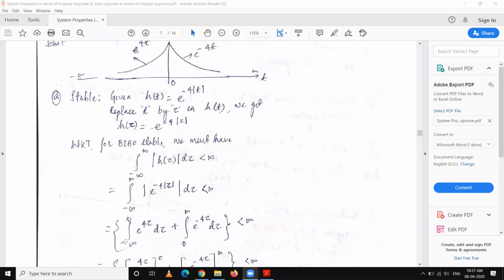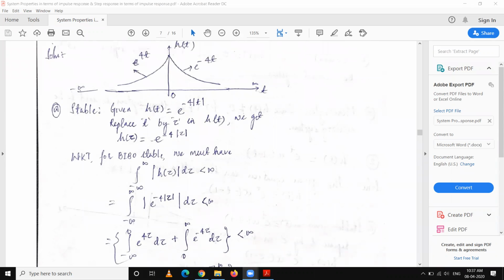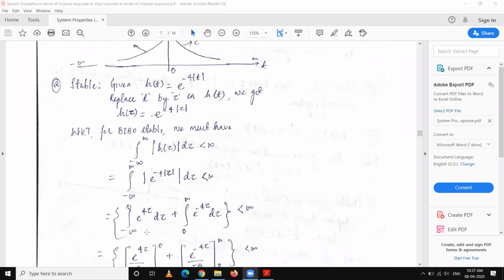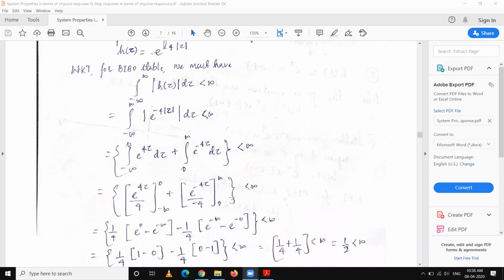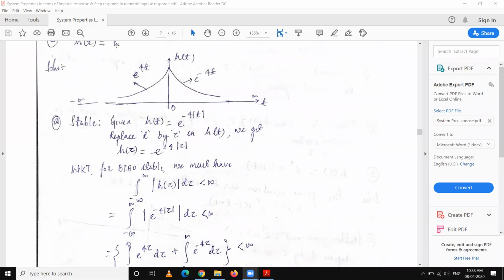So the integral is from minus infinity to 0 of e raised to 4 tau d tau plus from 0 to plus infinity of e raised to minus 4 tau d tau, which should be less than infinity. There are two signals: from minus infinity to 0, and from 0 to plus infinity another signal.